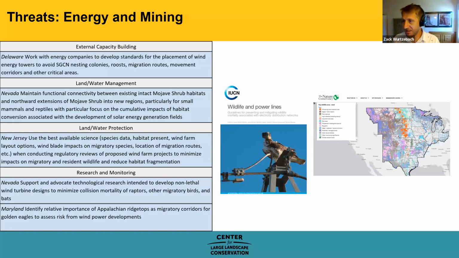And IUCN just came out with a really massive compendium of best practices for mitigating impacts to avian species. The Nature Conservancy's got a great siting tool for wind. More of these things are coming online, and I think it's just going to be another really important one to consider. And again, even in a lot of the actions that we saw, a lot of them were really focused on understanding the threats that renewable energy development pose for species and their movements.